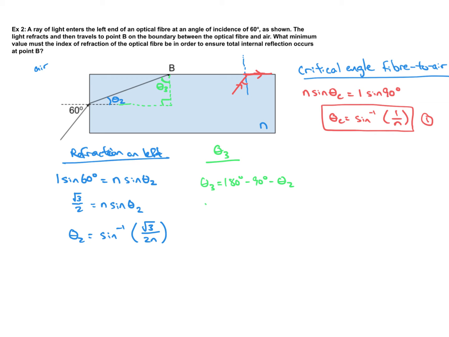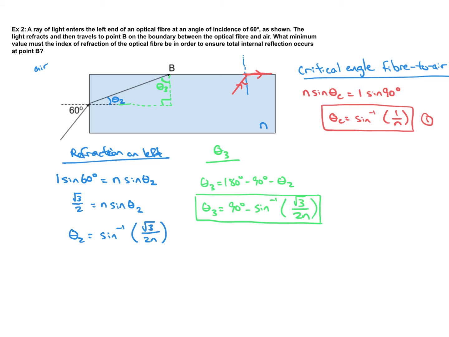So that simplifies to 90 degrees minus the inverse sine of root 3 over 2n. Okay, so n is unknown, though.